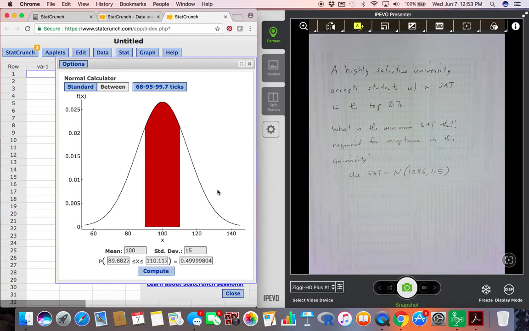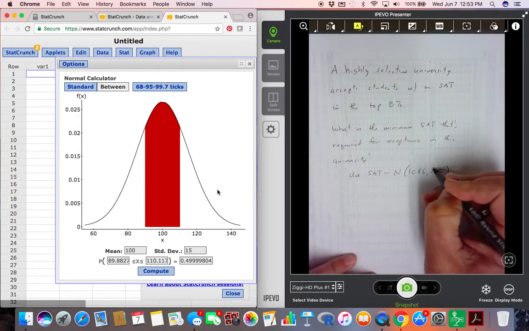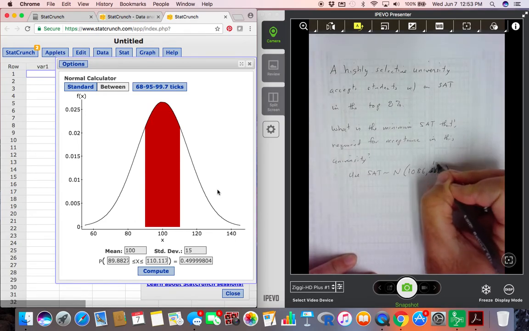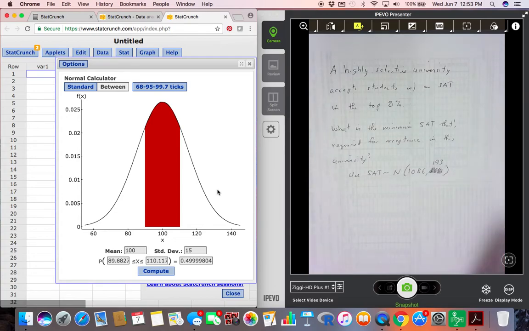I was thinking the standard deviation was higher. Yeah, I think the standard deviation is higher. Let's use 200. Actually, I see it right here. It's actually 193 for this particular year. Okay, so 1,086, 193.